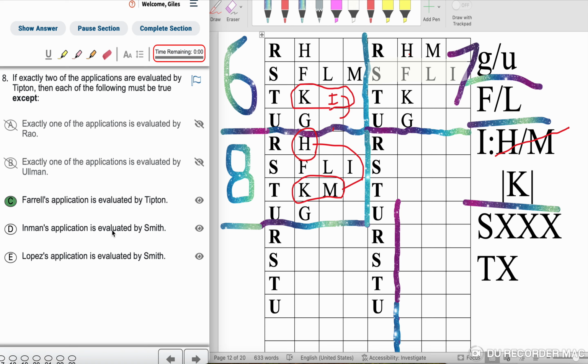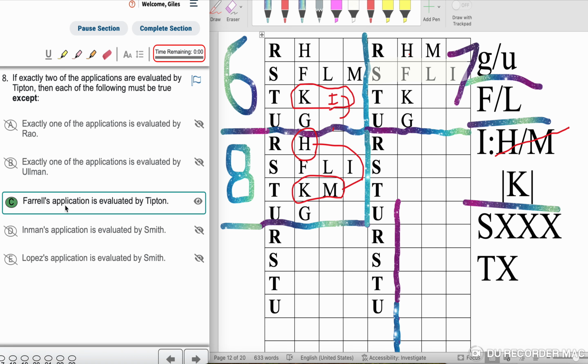I application evaluated by S. That is true, if you look right here. L application evaluated by Smith. That is true if you look right here. The only one I don't see is choice C. Since I don't see it, go ahead and select it. Answer C, F application is evaluated by T.